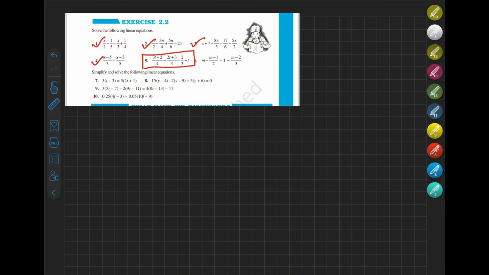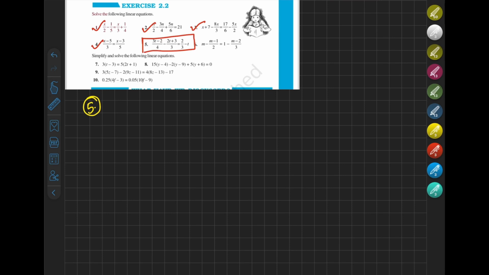Let's do question number 5. 3t minus 2 by 4 minus 2t plus 3 by 3 is equal to 2 by 3 minus t. Now look at the equation first.